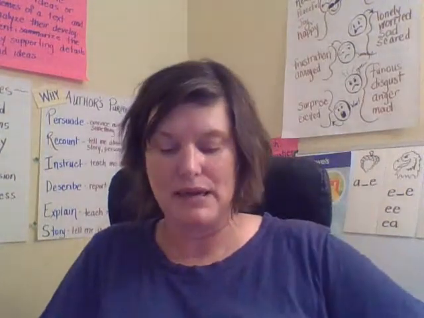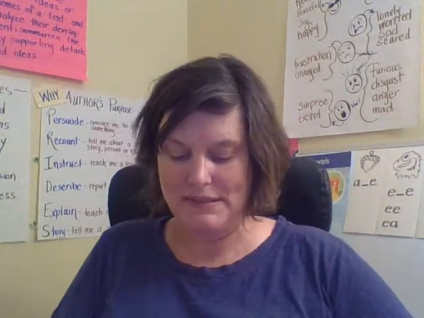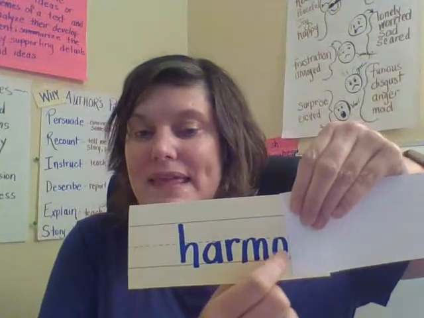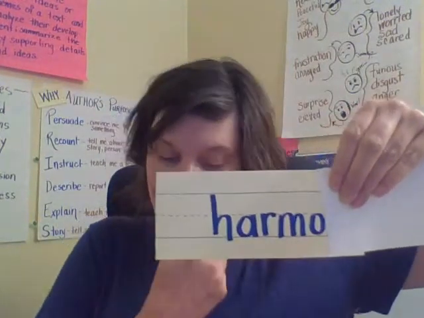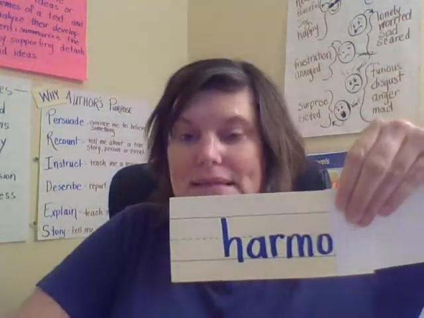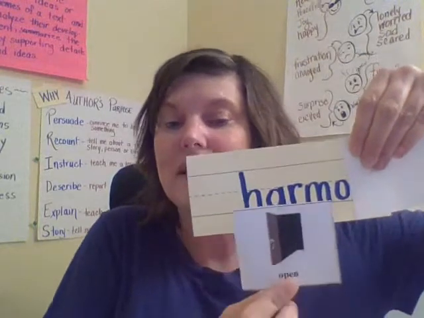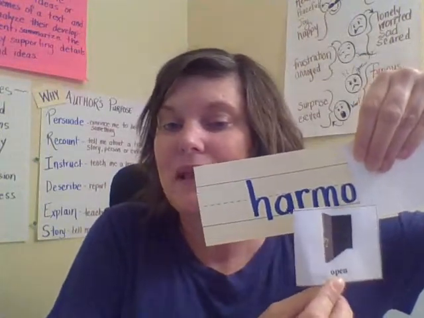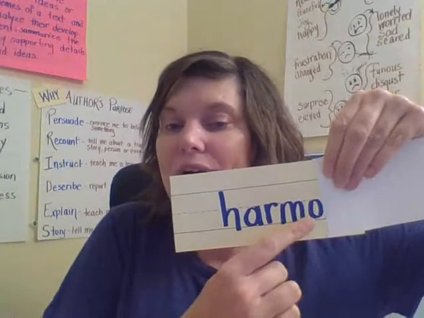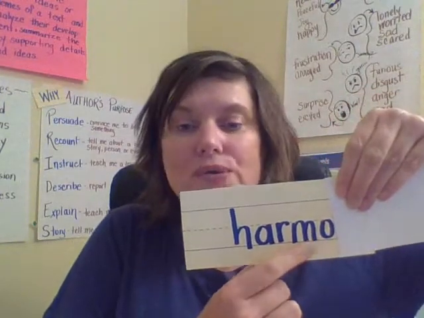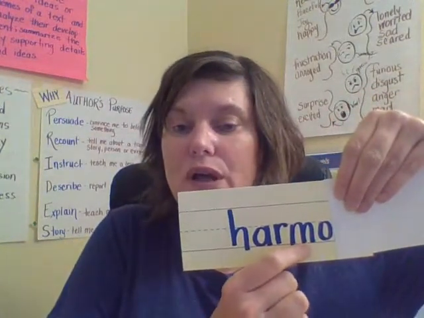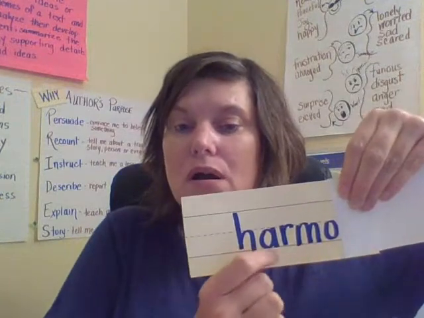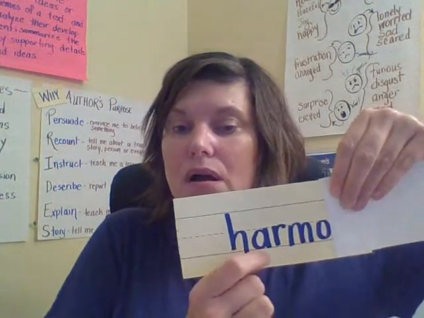Now let's look here. What syllable type is this? Yes, this is an open syllable because there's nothing blocking in this vowel. So it can make its long O sound. So we're going to read this with a long O. Mo. Har, mo.